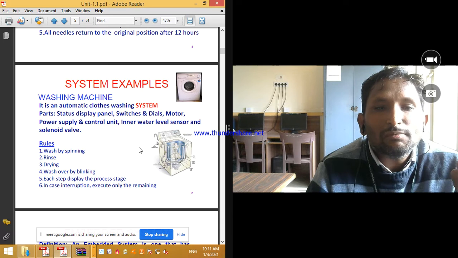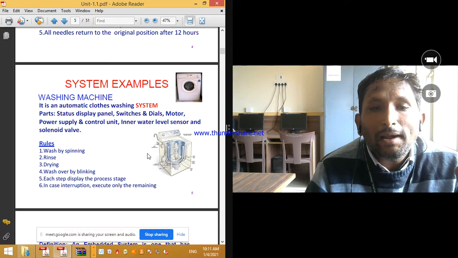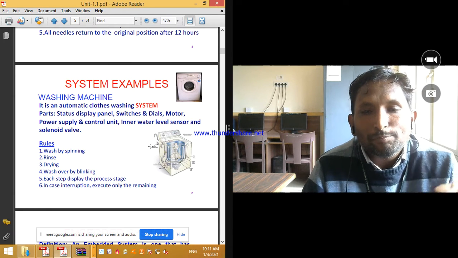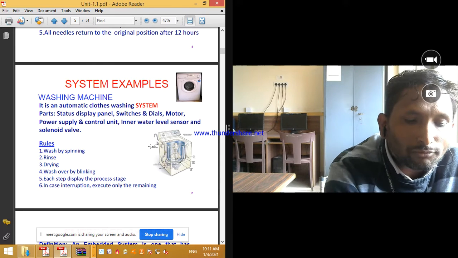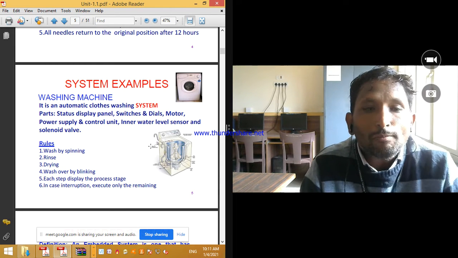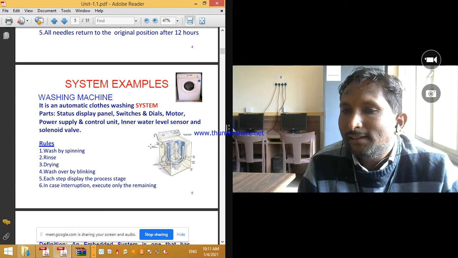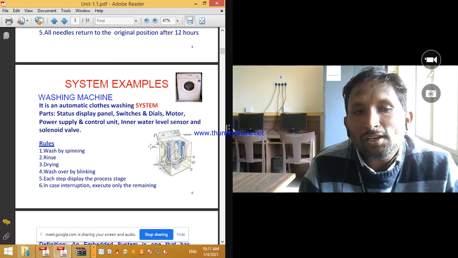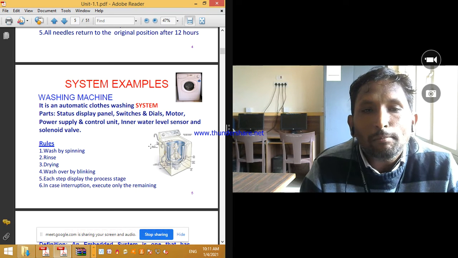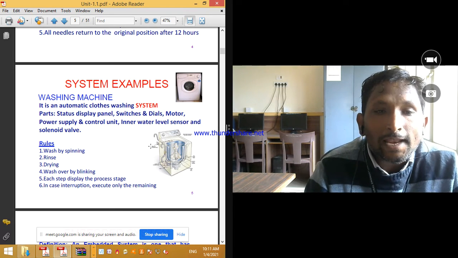Next example, washing machine. It is an automatic clothes washing system. This is also one of the examples of an embedded system. Watch is also one of the examples of an embedded system. This washing machine is also one of the examples of an embedded system.